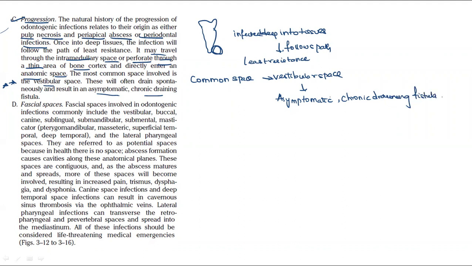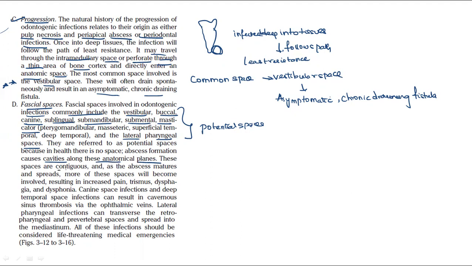Okay, now talking about fascial spaces. Fascial spaces involved in odontogenic infections commonly include vestibular, buccal, canine, sublingual, submandibular, submental, masticator, and lateral pharyngeal spaces. These are referred to as potential spaces because in health there is no space. Abscess formation causes cavities along these anatomical planes.